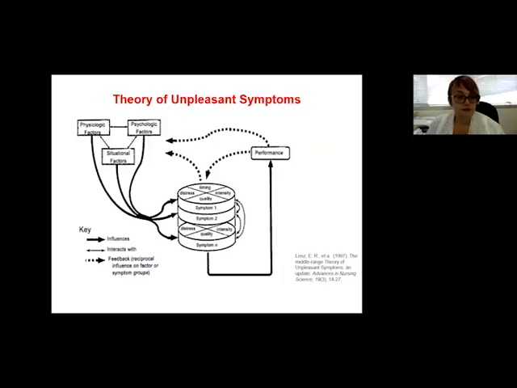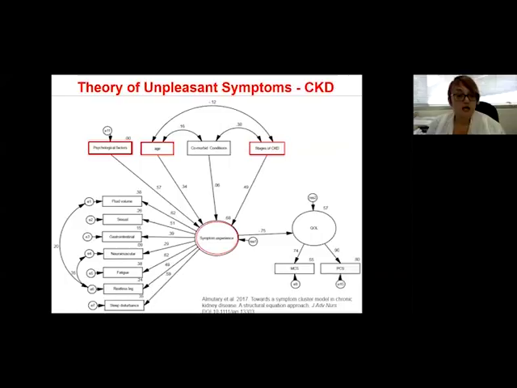This is the symptom experience in the theory. So what we found was these three factors, stage of CKD, age and psychological, were the most influencing factors. And they influenced it nearly 70% of the time.